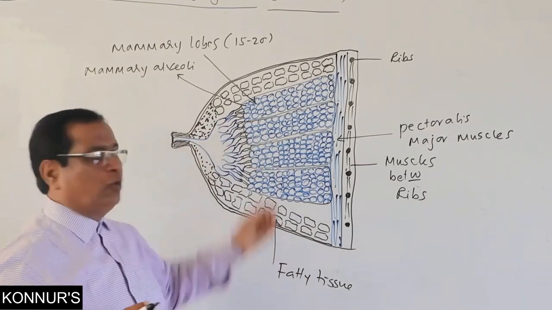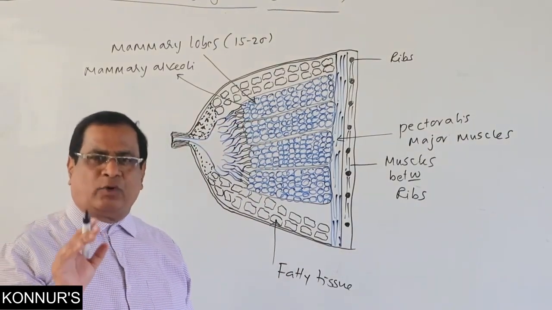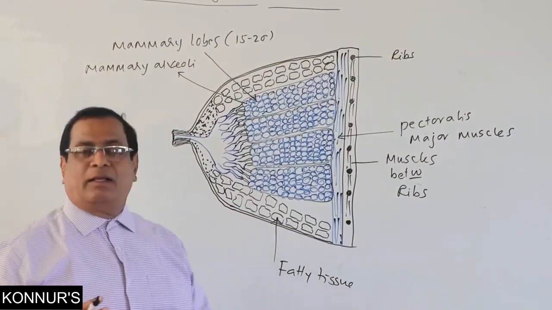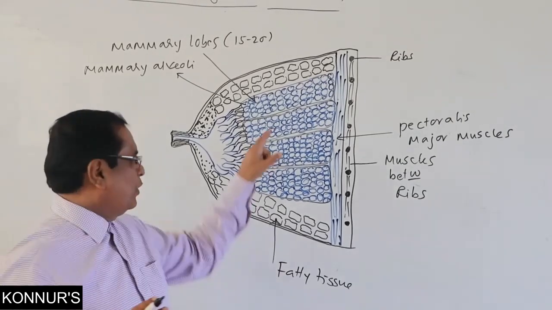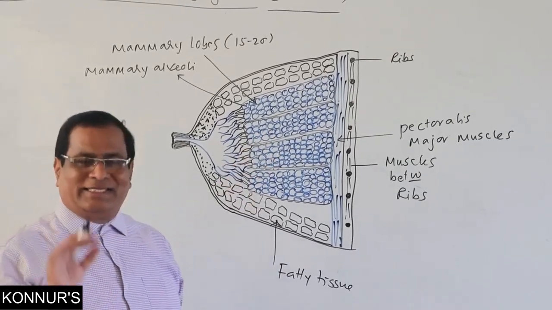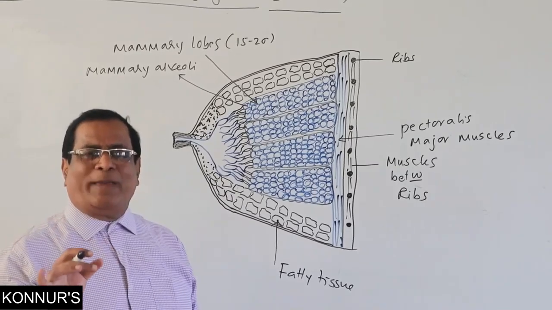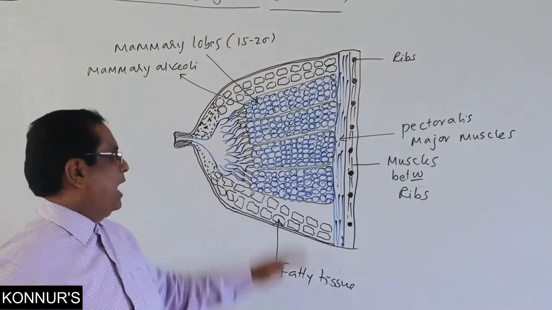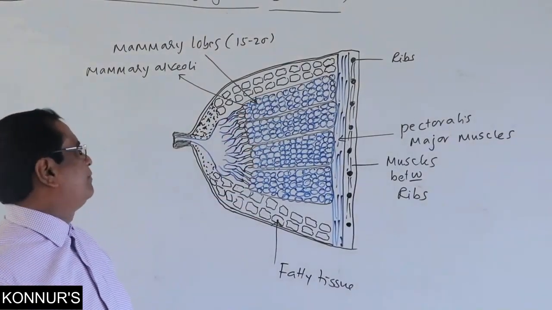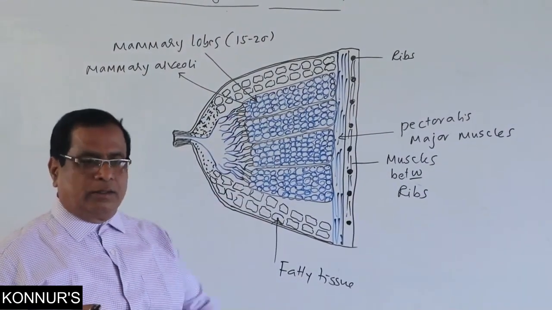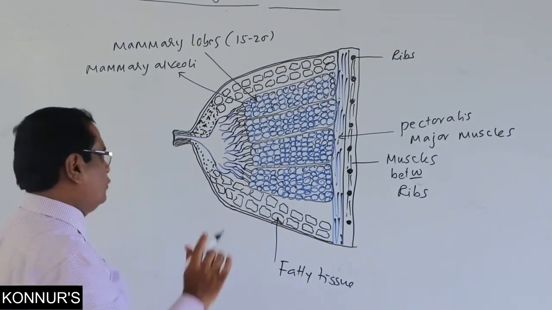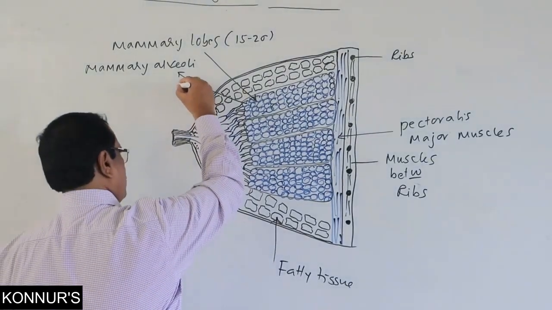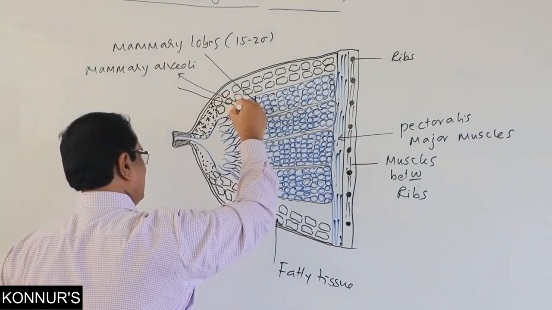The milk produced by the alveoli is stored in their lumen, their cavity, and from these alveoli that milk flows through very minute ducts.